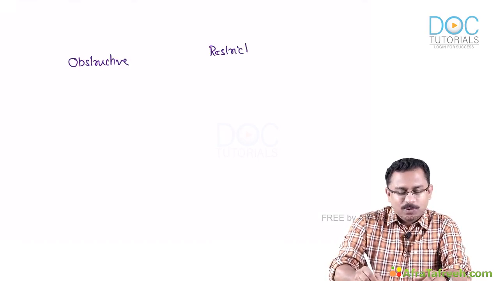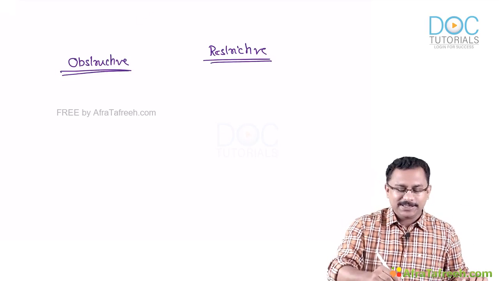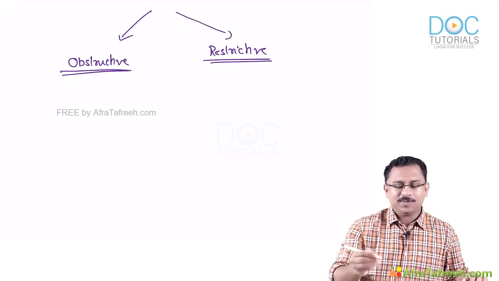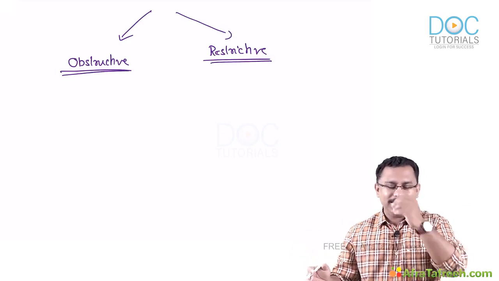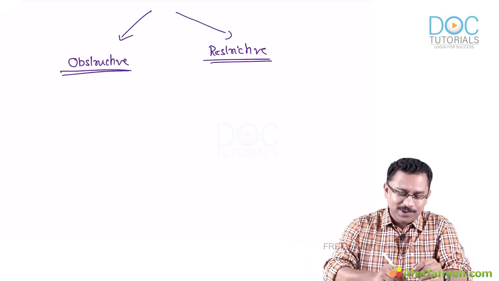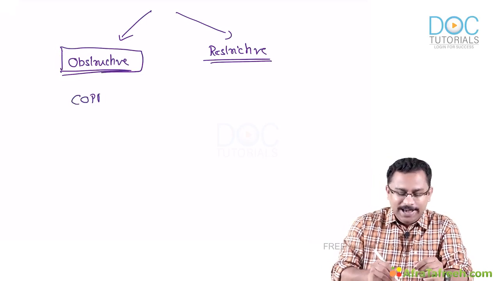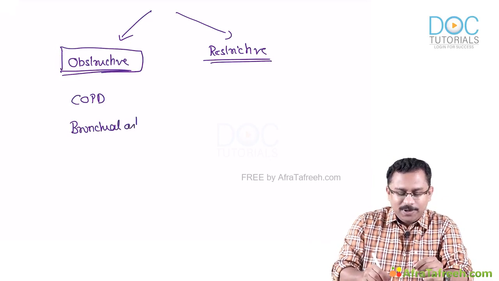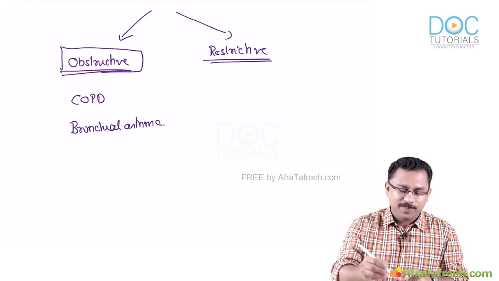That is what we are going to learn. This volume time plot is going to help us differentiate between the obstructive and restrictive. Regarding vascular disorders, we'll come to that later. So let's see how it is. Obstructive, classical examples are your COPD and bronchial asthma, where predominantly the problem is expiratory airflow limitation.